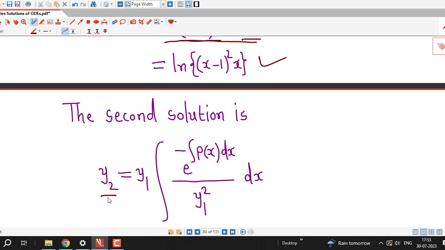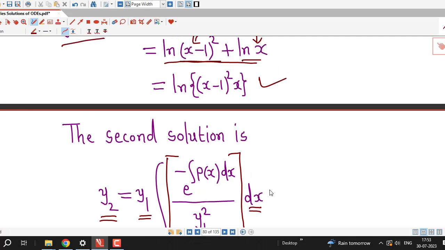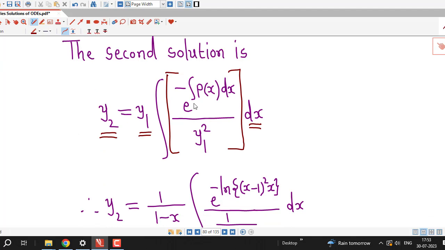The second solution by the method of reduction of order is y1 times, inside the integral, e raised to minus the integral of P(x), divided by y1 squared, integrated with respect to x. The integral of P(x) is log of (x minus 1) squared into x.